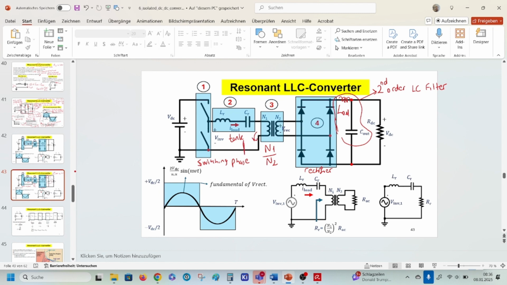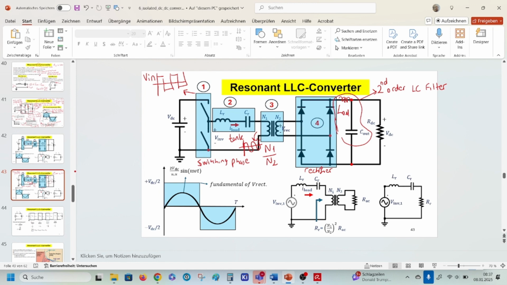Let's say here, sine wave voltage is produced from a DC voltage. That's the main idea with resonant converters.